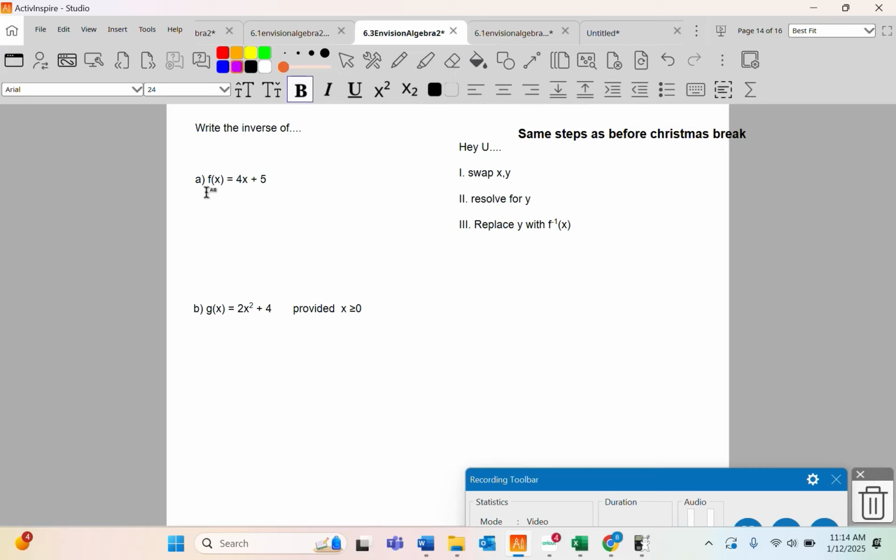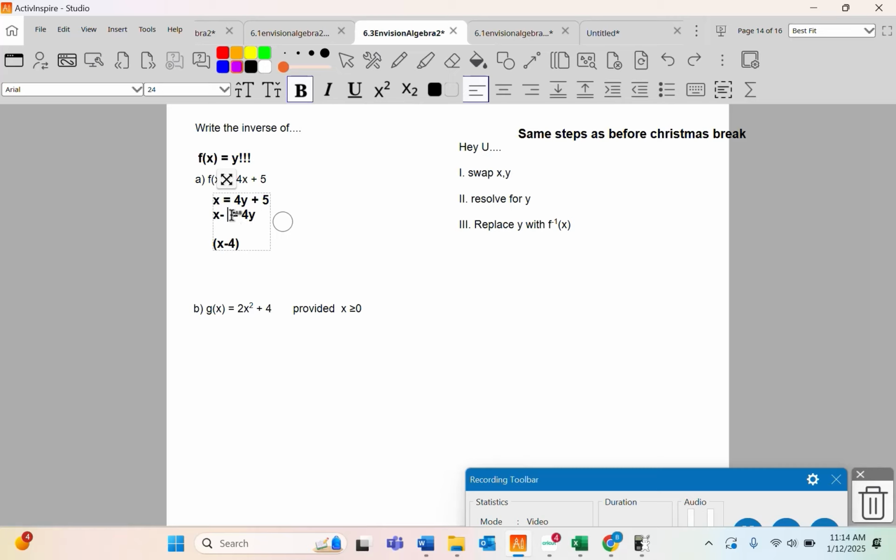So here's an easy one just to kind of remind you. Remember, f of x is y. It's just a fancy way of saying y. It's understood that that's the way it is. So this y becomes an x, and this x becomes a y. That's step one, swap x and y. Step two is to isolate y, resolve. So we're going to take away the 5, and then we're going to divide by the 4.